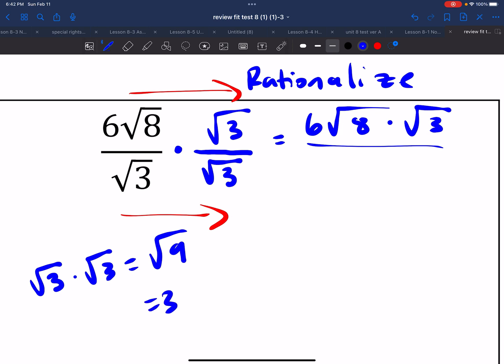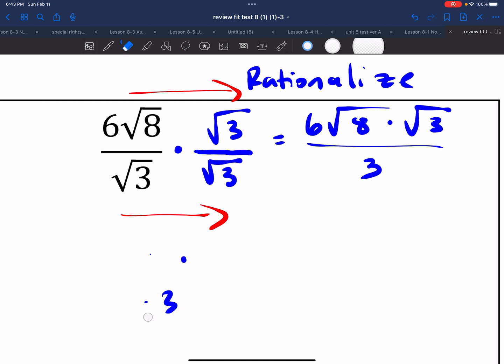So when you're taking the square root and multiplying it by that same square root, it's basically the number inside of that radical, if that makes sense. The square root of 3 times the square root of 3 is 3. The square root of 5 times the square root of 5 is 5, and so on and so forth. You should get the pattern here. So the square root of 3 times the square root of 3 is 3. Okay?